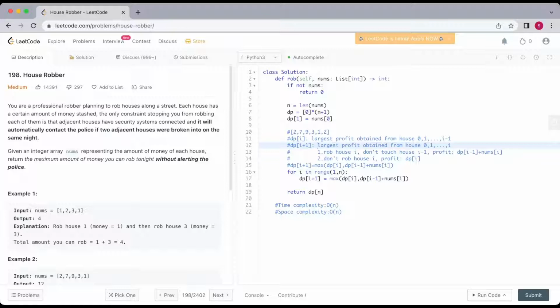Firstly, we can rob house i, then we don't touch house i minus 1 because we cannot rob 2 adjacent houses.